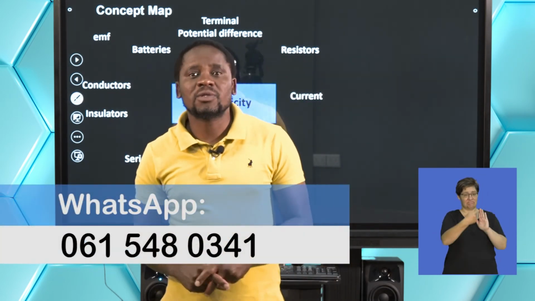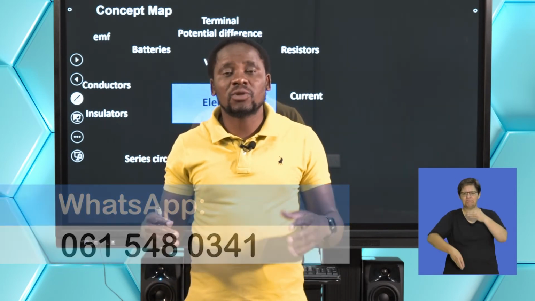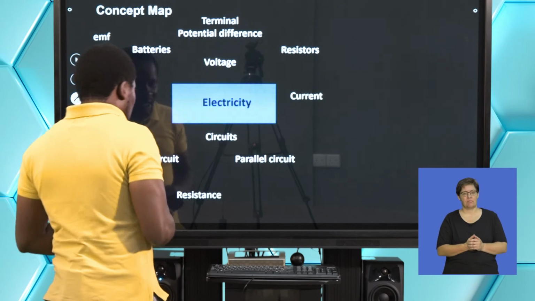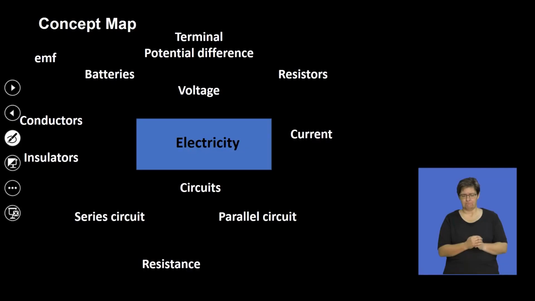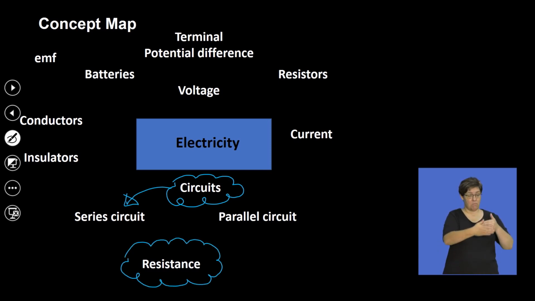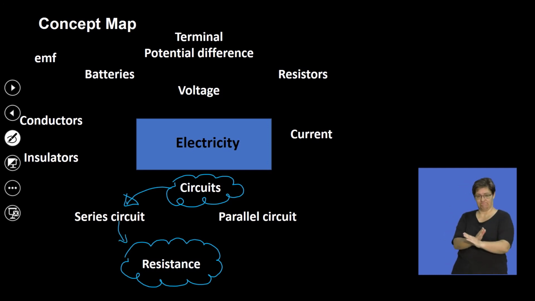Now we want to take a look at how adding more resistors in series actually affects the magnitude of current in a series circuit. What we have done now is understand that in the context of circuits, we've got a series connection, which is our focus, and in a series circuit, the more resistors you add in series, the greater the effective resistance of that particular circuit.